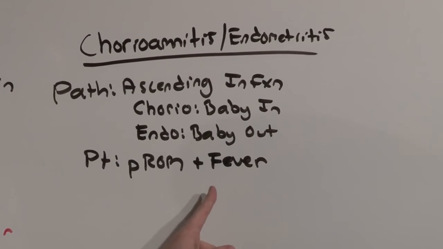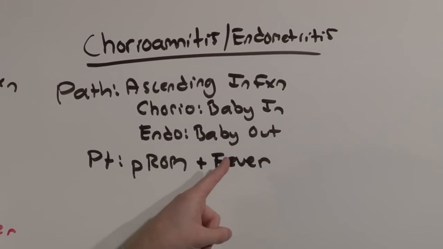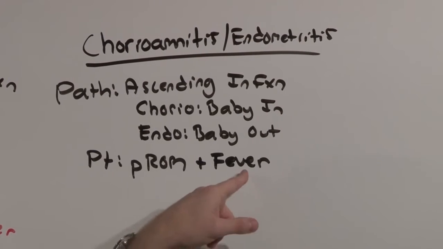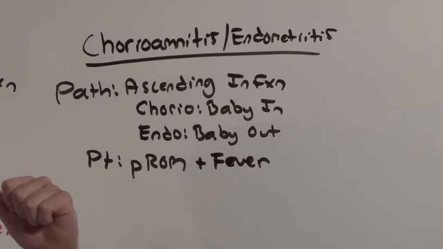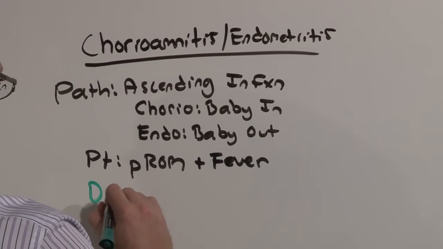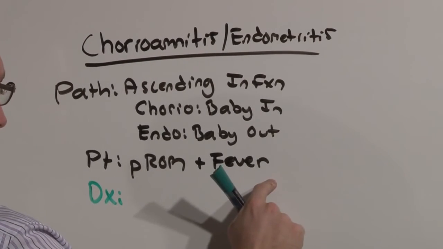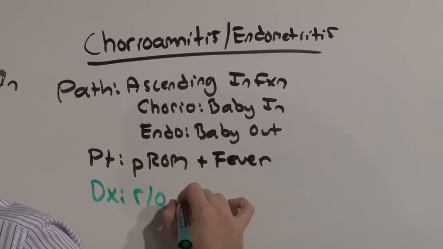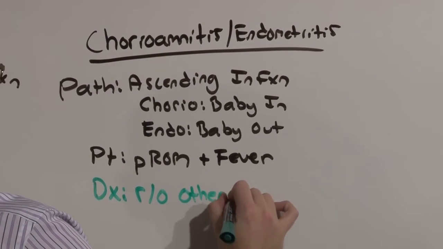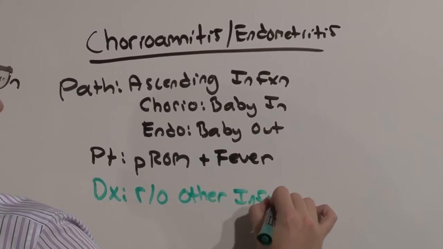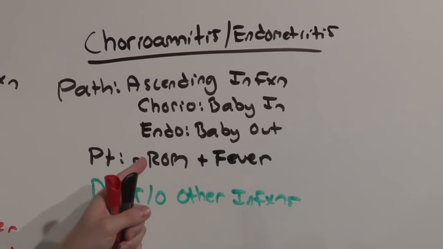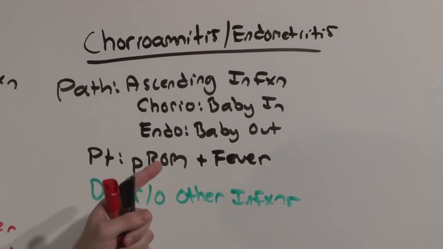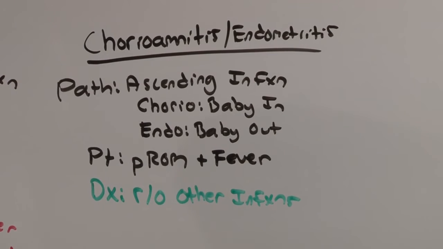She is responding to the infection. So you'll see systemic signs of infection, not just rupture of membranes. The diagnosis is presumed from this presentation, so your job is to rule out other infections. You don't want to assume that mom has endometritis when she could have a pneumonia, a UTI, or meningitis.